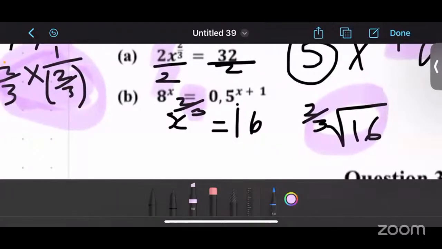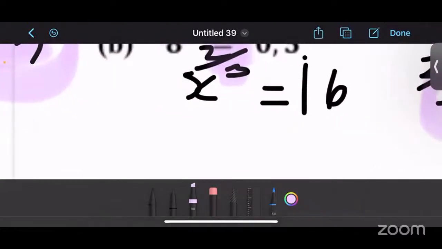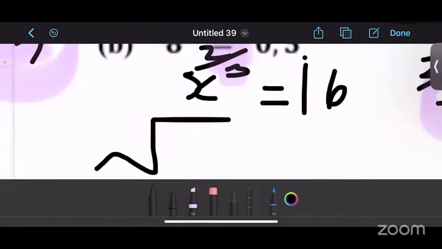Which calculator are you using? A Casio. But you're able to press that square root, and I think it has something like this.